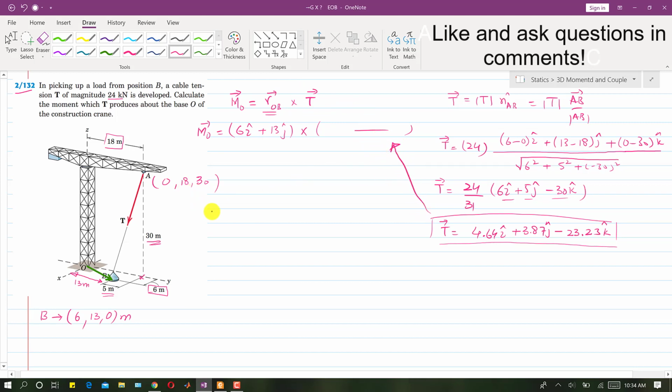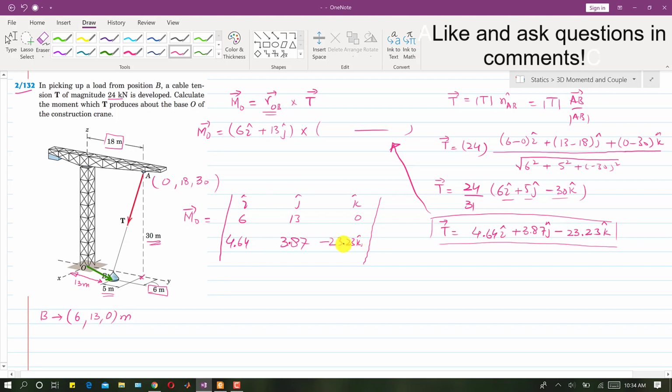Now we know this T vector, so we can take the cross product. We will find the moment by using the determinant method. So moment about O will be equal to the determinant with i, j and k in the first row, then 6, 13 and 0, and then 4.64, 3.87, and minus 23.23.